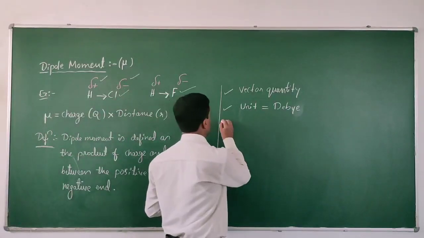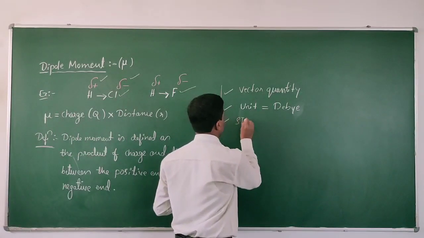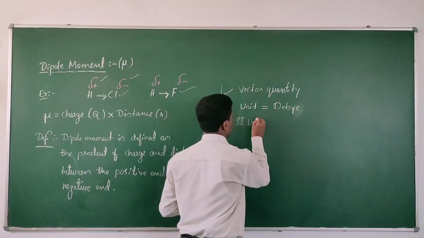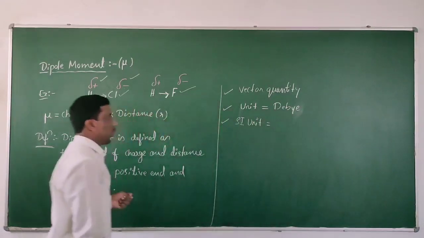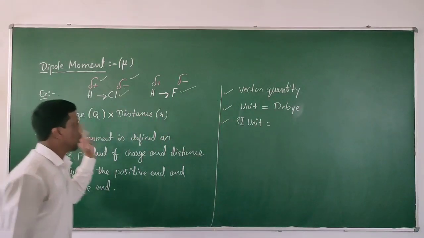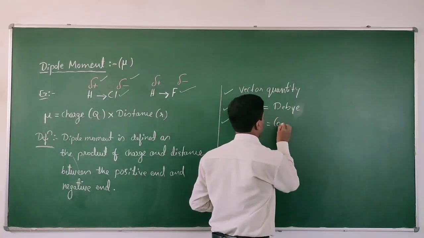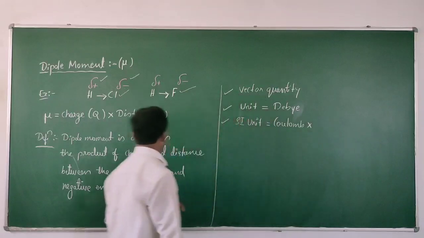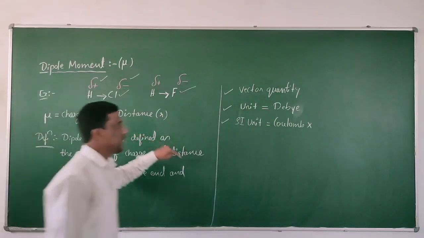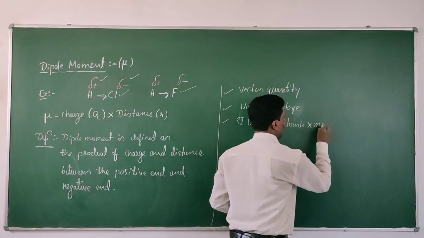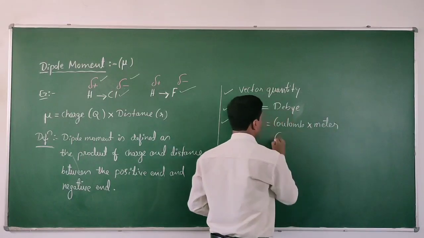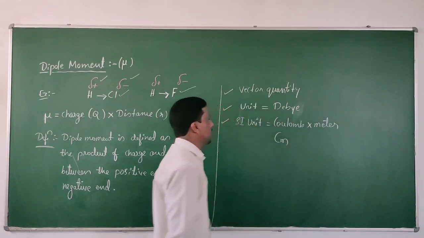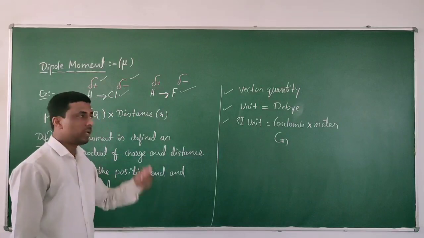See here, this is not the SI unit. What is the SI unit for charge? Coulomb. Into, what is the SI unit of distance? Meter. Coulomb meter is the SI unit of the dipole moment.